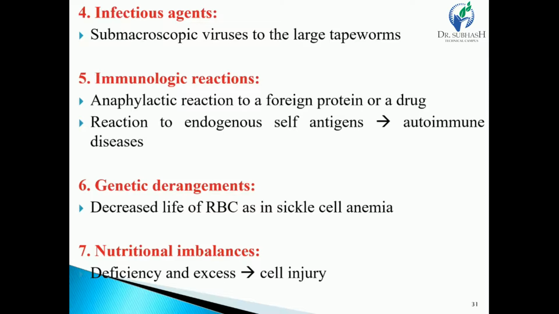Certain autoimmune diseases are also a part of immunological reactions. Next one is genetic derangements. While considering genetic derangements, as we know, decreased life of RBCs can be seen in sickle cell anemia. We have already discussed anemia during the first semester. What is anemia?